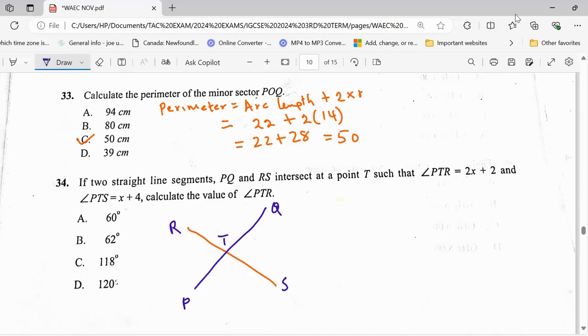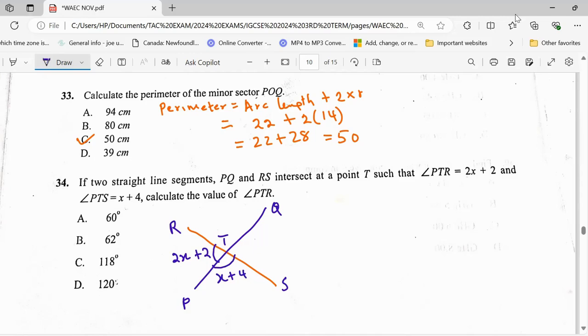Now, we are told that angle PTR, this angle here, is actually 2x plus 2. And angle PTS is this angle here, which is x plus 4. You agree with me that both angles are lying on this straight line ROS.